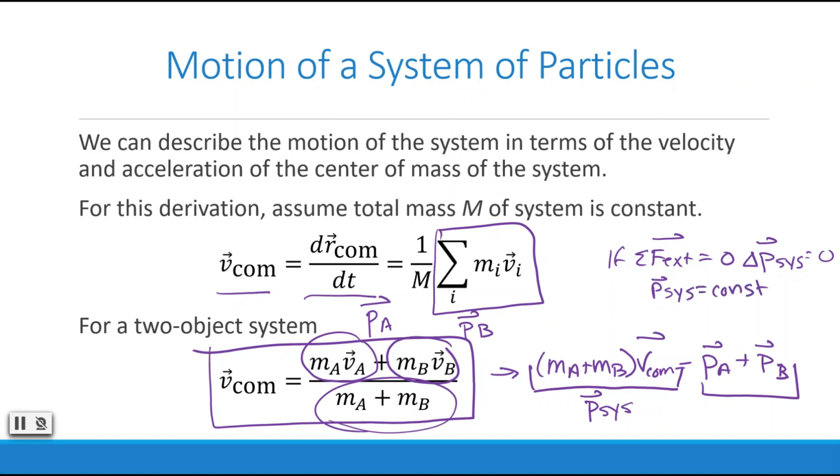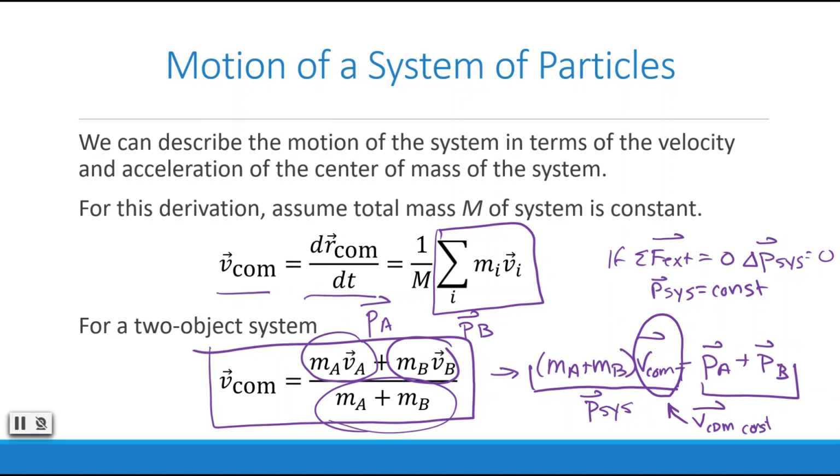And if the momentum of our system is constant, then the velocity of the center of mass has to also be constant. So if our momentum is constant, then the velocity of our center of mass must also be constant.